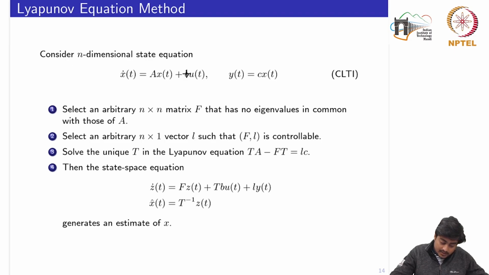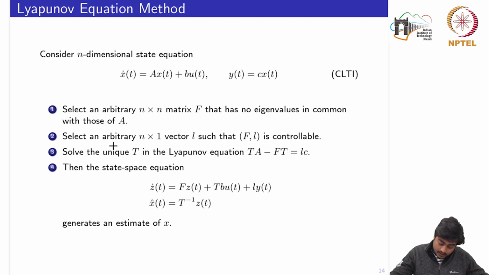Consider this n-dimensional state equation, or the pair A, B, C, which we have labeled as the CLTI. In the first step we need to select an arbitrary n cross n matrix F that has no eigenvalues in common with those of A. Second, I can arbitrarily select a vector L, ensuring that the matrix F I selected in the first step, paired with the vector L, is controllable.